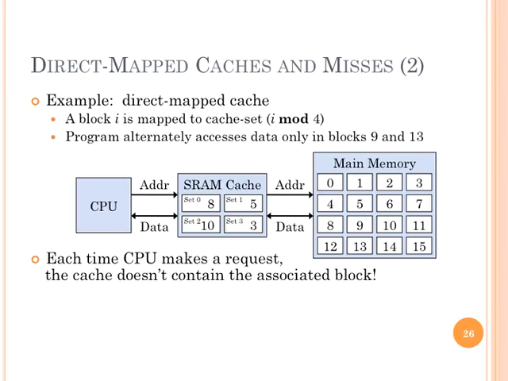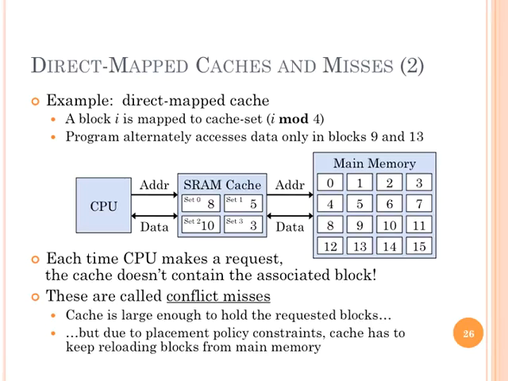So every time, let's say we're just toggling back and forth between 9 and 13, every time you make that request, it's going in cache set 1. But every time it's not going to have that block. We call these conflict misses because they are a conflict between the placement policy and the access pattern of the program. These are terrible. They're very difficult to work around.